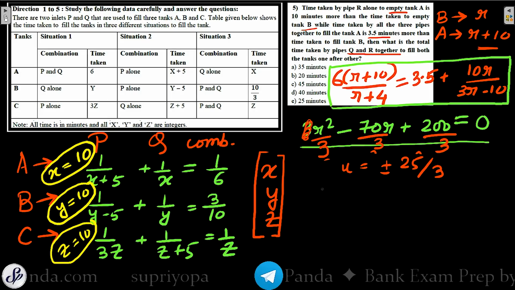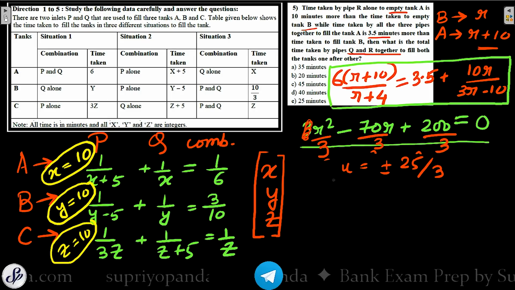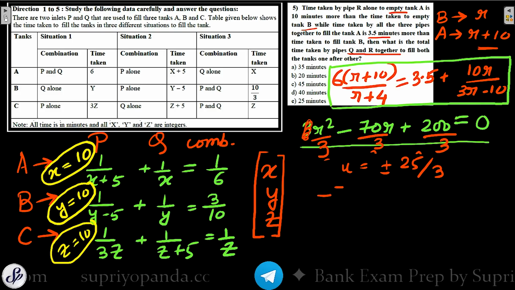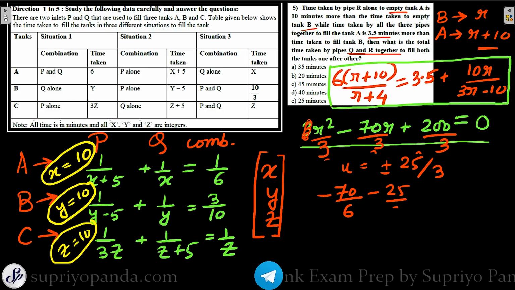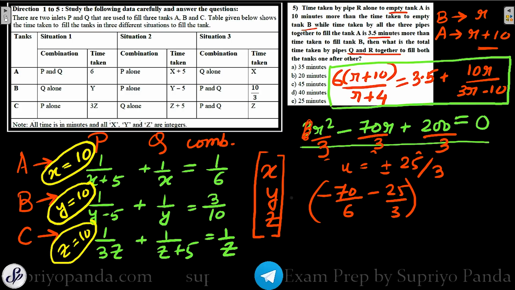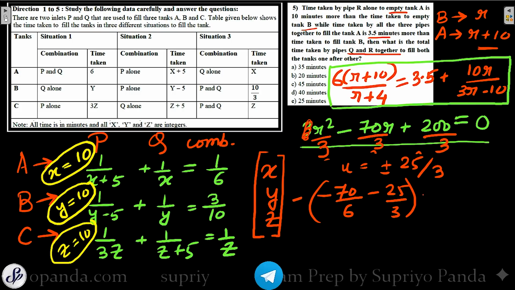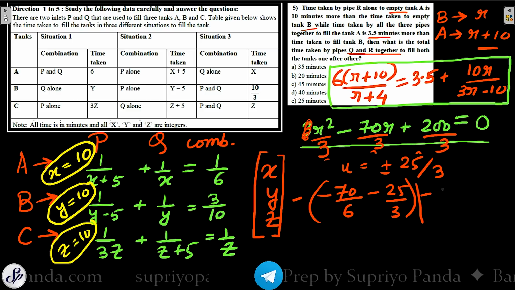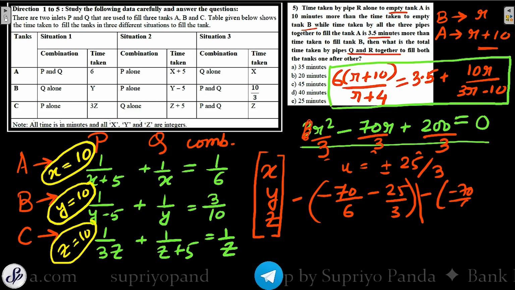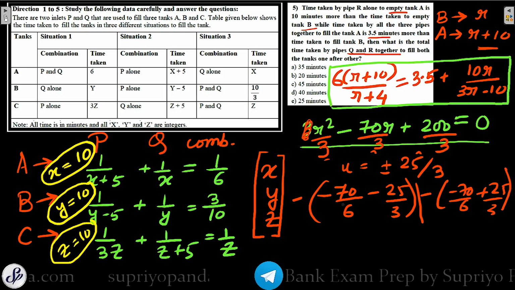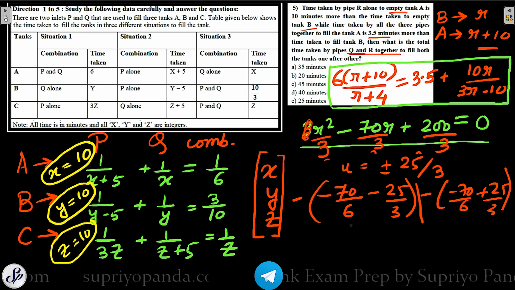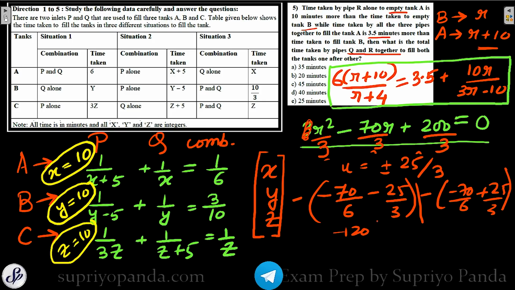So here we can actually easily find out the answer right now. So for the two roots, one of the roots, it will be minus 70 by 6 minus 25 by 3. So this and another negative sign over here, and another root, it will be minus 70 by 6 plus 25 by 3. So this is done, and this gives us minus 70 minus 50, so that is minus 120 divided by 6.